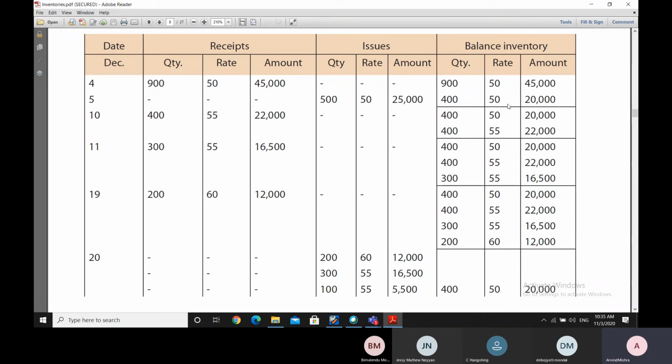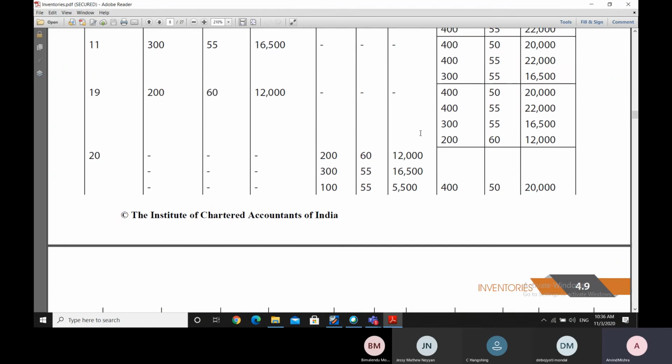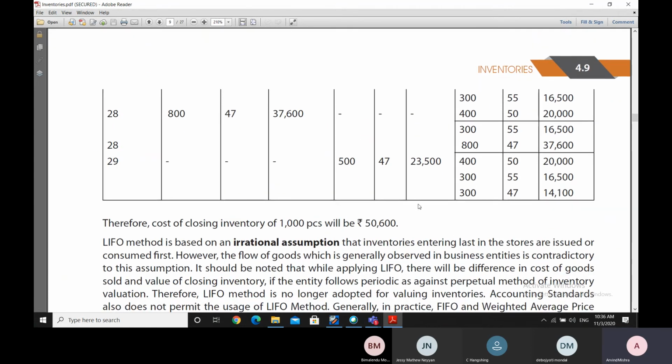Out of this 400 have been issued. And these are the receipts. Wherever we are writing receipts, they are receipts, and finally what we do is that out of all the receipts we minus all the issued items and we get the closing inventory, which in this case will be 50,600.